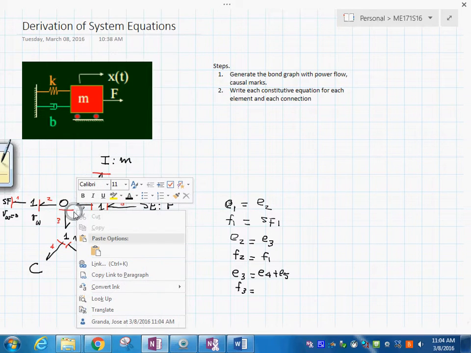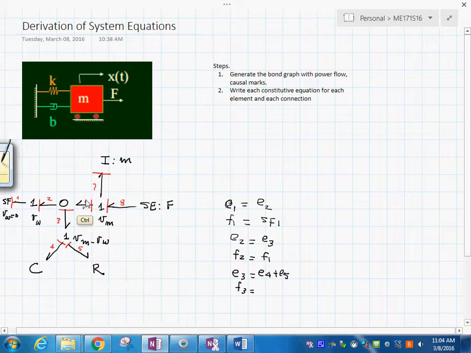And we have E sub 4 is equal to 1 over C sub 4 times q sub 4. And then what's F sub 4? F sub 4 is equal to F sub 3 because of this.